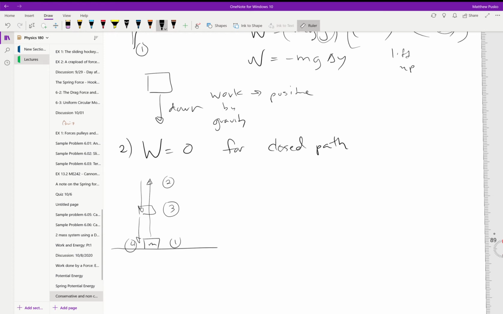If you calculated the work to get from 1 to 2, which is all the way up, and then the work from 2 to 3, and then the work from 3 to 4, you'll find that all of those added up equals 0. So the work total would be all of them added up.